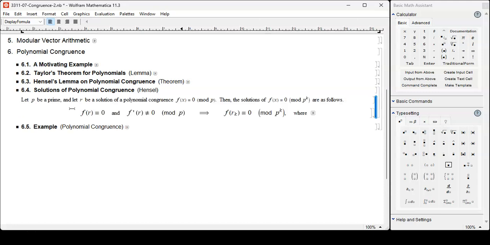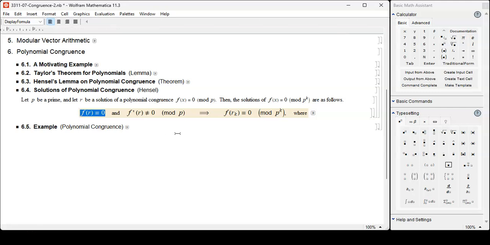this summary. Let p be a prime, and let R be a solution of the polynomial congruence f of x is congruent to 0 mod p. So that's the base case. In other words, f of R is congruent to 0.